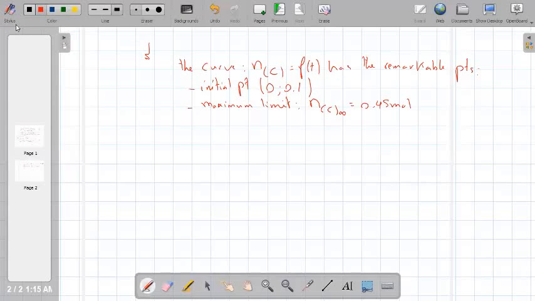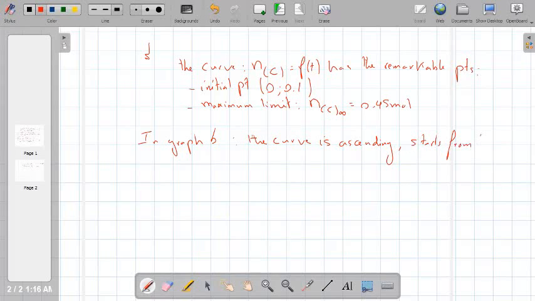In graph B, the curve is ascending, starts from 0.1 and has a maximum limit at 0.45 mole.